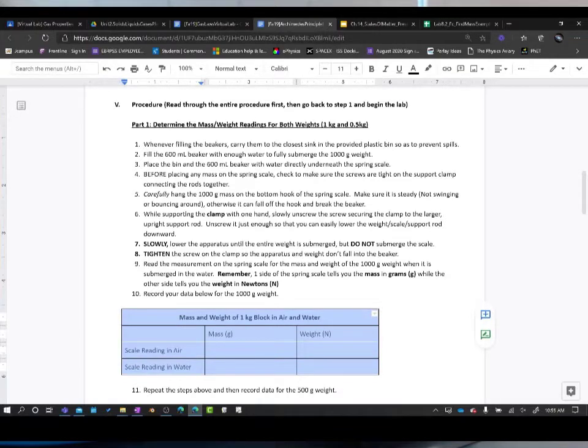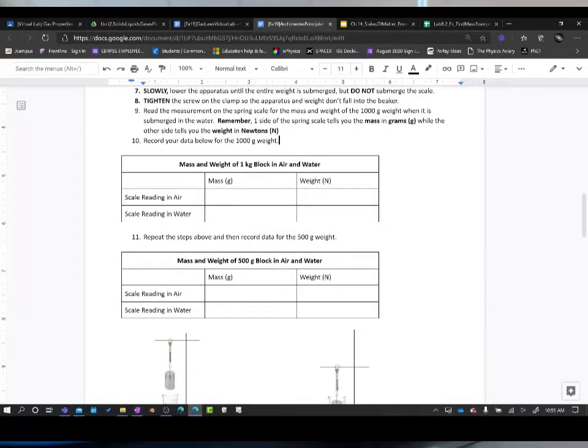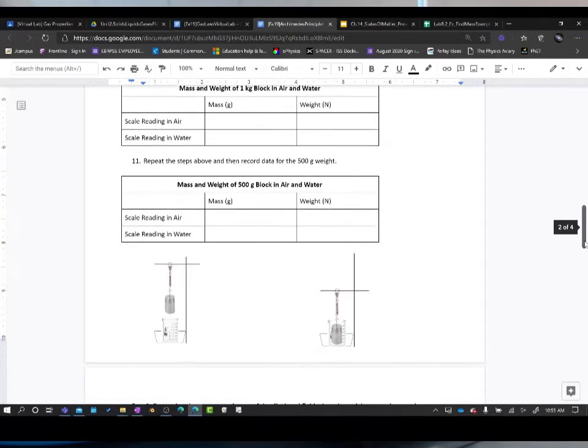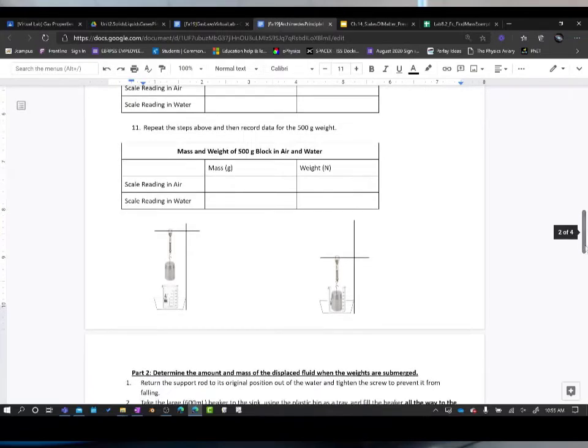What is the mass in grams and the weight in newtons when our object, in this case the 1 kilogram block, our bigger one, is in the air versus when it is submerged in water. We'll do the same thing again for our smaller block, the 500 gram golden looking block. What's its mass and weight in air, and then when it's submerged in water.